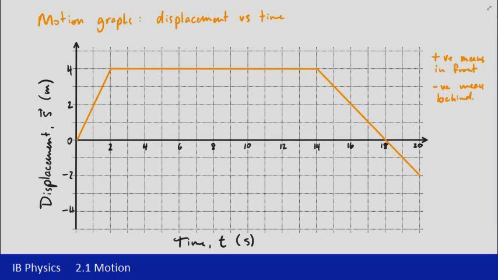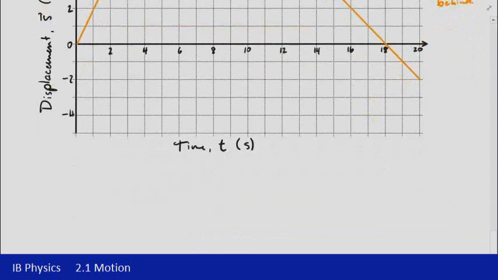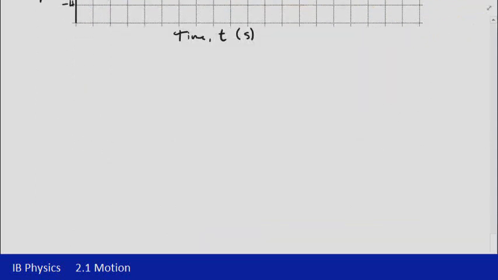So this graph for displacement matches up with the distance versus time graph that we saw before. Notice now though that we have this section here that's going to have a negative gradient. That's because, as we saw with the distance versus time graph, velocity is the gradient of a displacement versus time graph.